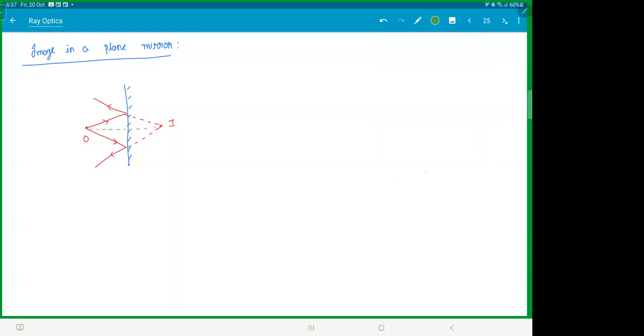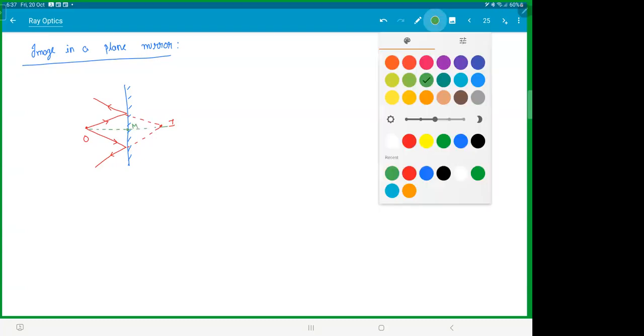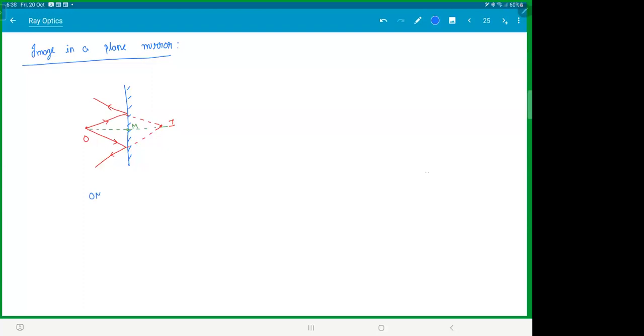This is standard stuff, I'm sure you studied it in school. If you call this OM, then OM will be equal to MI. The image will be on the other side. The second thing, the line OMI will be perpendicular to the mirror. So this point object will form an image on the other side where the line joining them will be perpendicular and equidistant from both sides.